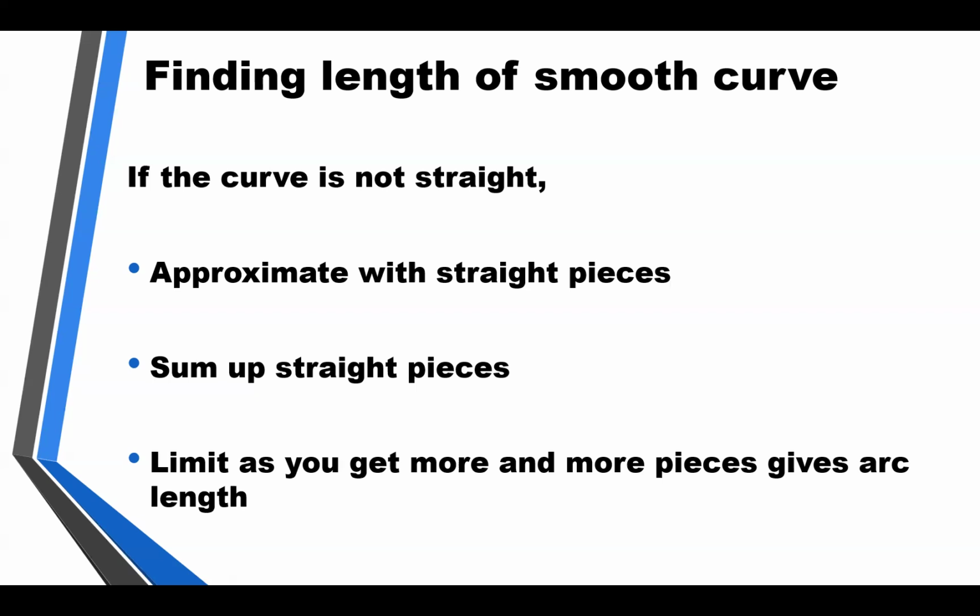Then I sum up those straight pieces. That sum will give me a good approximate answer if I have enough little pieces. And just like we always do, in order to create a perfect match, we take the limit as I get more and more pieces, and that'll give me the arc length, or the length of that smooth curve.